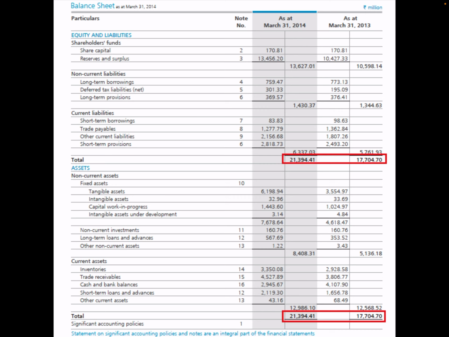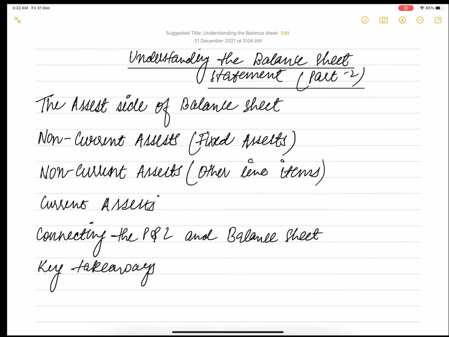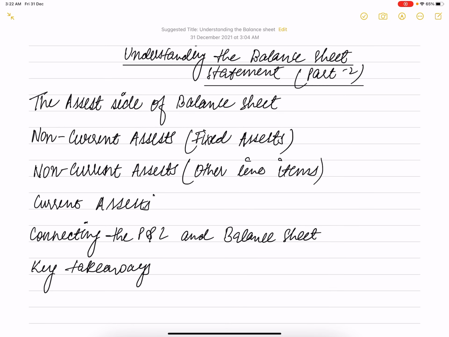In the next video we look into the last financial statement, which is the cash flow statement. However, before we conclude this video, we must look into the many ways the balance sheet and the P&L statement are interconnected. So, connecting the P&L and the balance sheet.